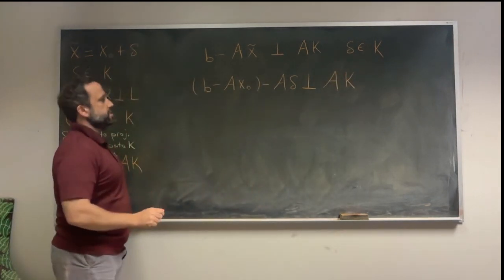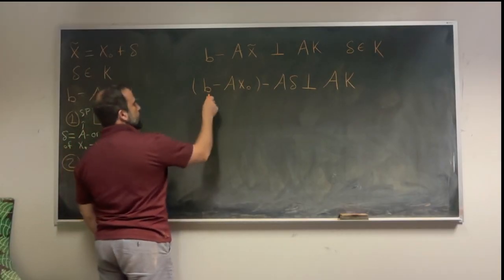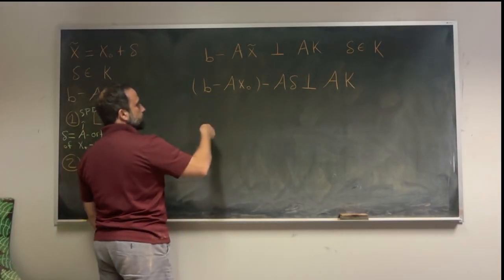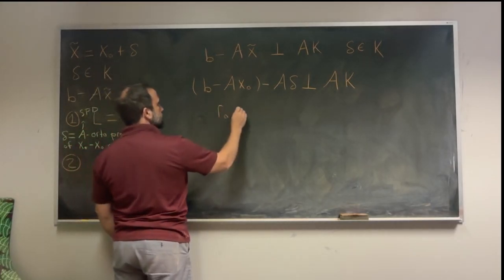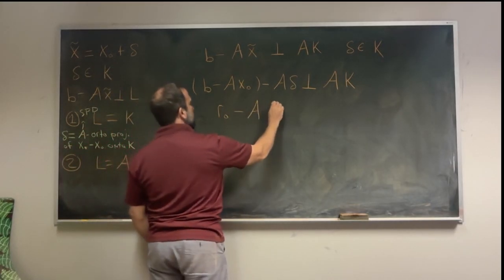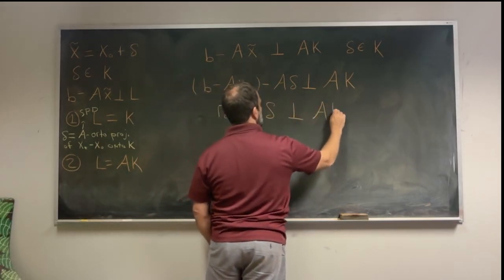Now, one more thing: B minus AX naught, remember, is the residual. This is R naught minus A delta, which is orthogonal to AK.